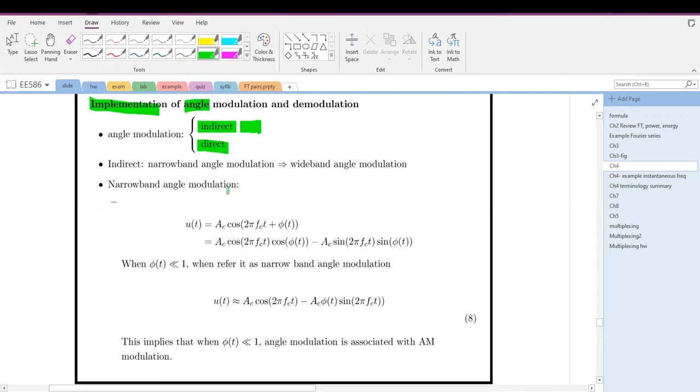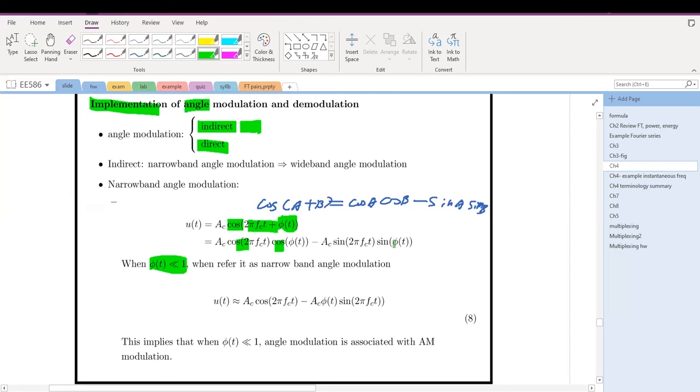The first step is that we assume the angle signal is very, very small and use approximations. We use cosine(A plus B) equals cosine A cosine B minus sine A sine B. We use this trigonometric identity to expand this term out.